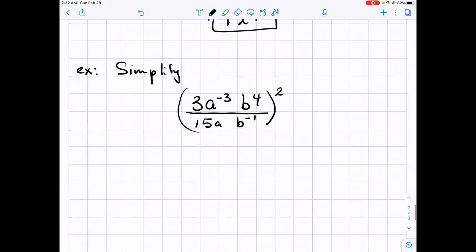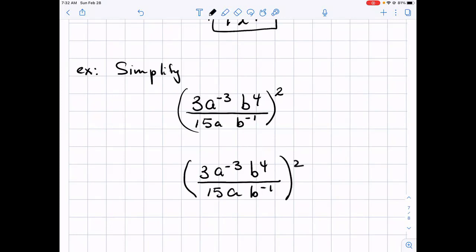So first thing I'll do is rewrite using the powers, right? So I rewrite and fill in the power. So this becomes 3a to the minus 3, b to the fourth, everything over 15a b to the minus 1, squared. But now I fill in those powers.